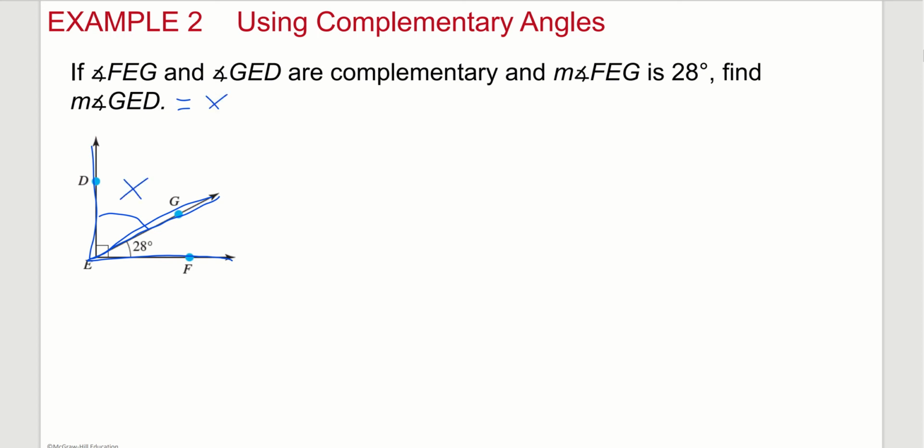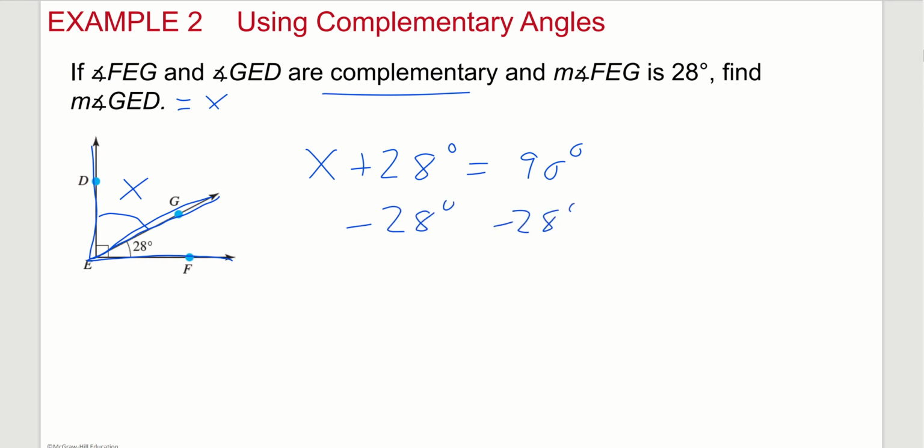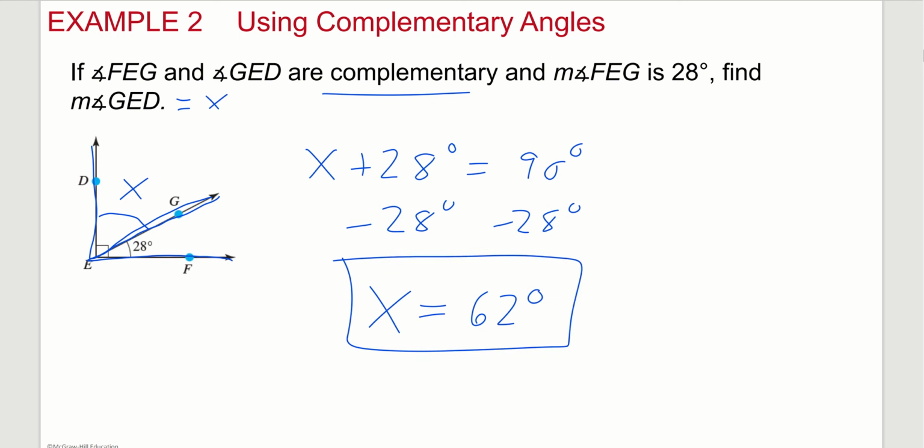Because the two are complementary, they have to add to 90. So the measure of the one angle plus the measure of the other angle is going to be equal to 90 degrees. Then we can use our rules of algebra to solve for x. Simply subtract 28 degrees from both sides, and we get x is equal to 62 degrees. So the complement of a 28-degree angle would be a 62-degree angle.